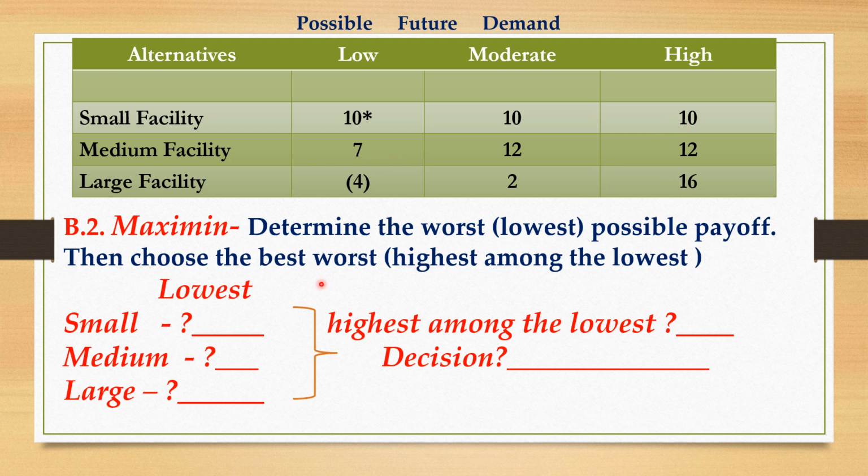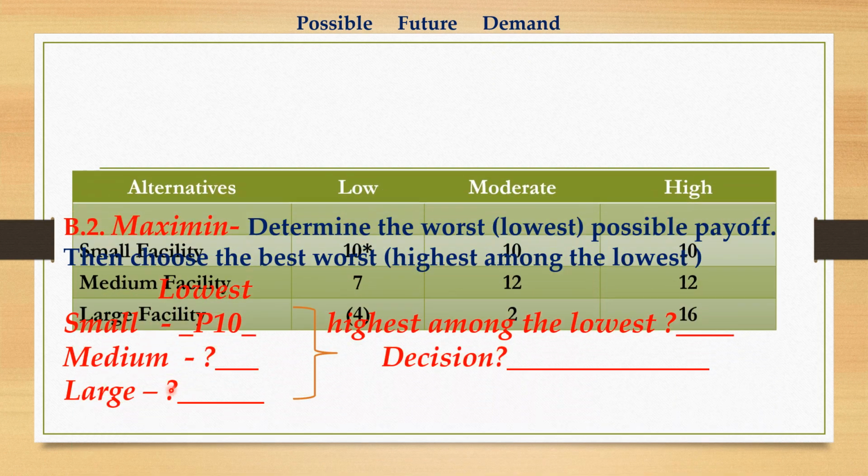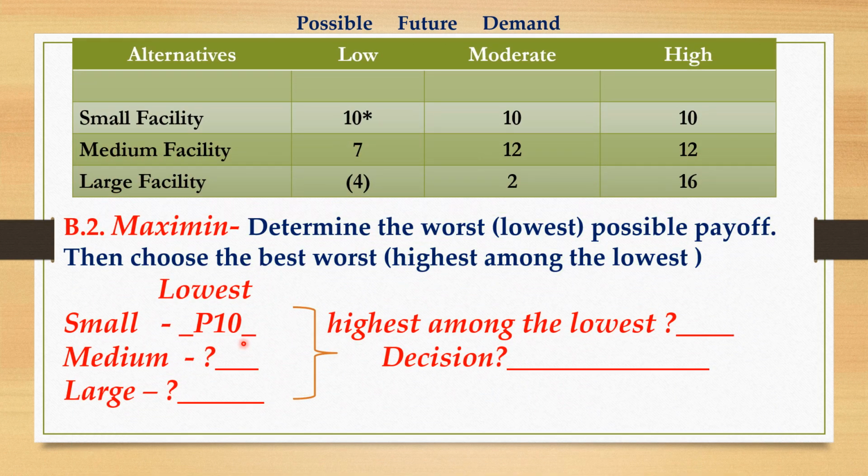Please choose which is the lowest and write it down here on the small alternative. That is how you're going to do it. In small, of course, 10, 10, 10, the same figure, so we'll come up with 10 as the lowest amount.